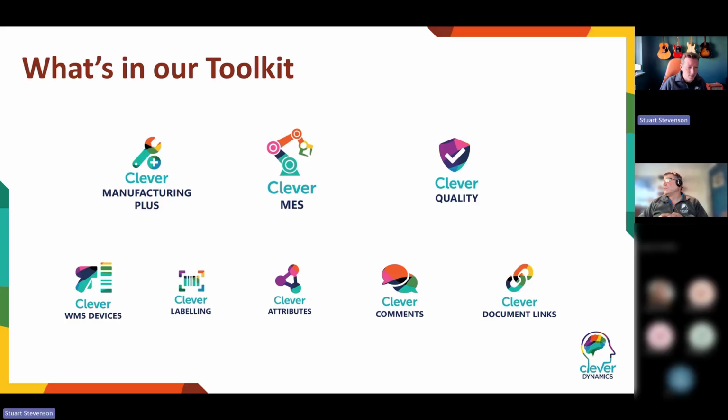And then alongside our 3 core manufacturing apps, we've got some team players, as I like to call them, where we're basically enabling a solution from the point of getting stock in the door through that manufacturing process and out to customers. Okay, so these really provide us with an end-to-end solution with our Clever Dynamics products.